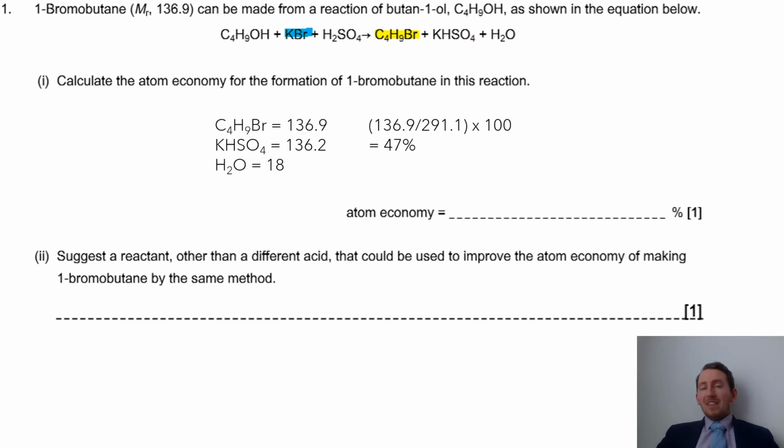So what would be a better thing to do is to take something that's maybe in the same group that just has a lower mass number. So something like sodium or lithium would be suitable to use. So I've got that bromine in there, but that just means when we have our other products, the potassium hydrogen sulfate, we then have, say, sodium or lithium has a lower mass number, so therefore we'll be dividing by a smaller number, so we get a greater atom economy.